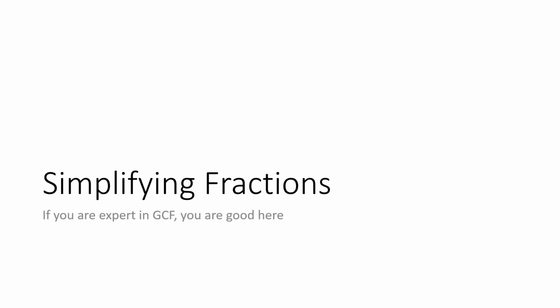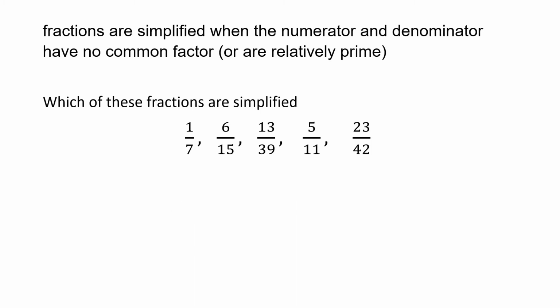what do we mean by simplifying a fraction? A simplified fraction is when the denominator and numerator have no common factor. That means they are relatively prime. So first of all, let's start with an exercise.